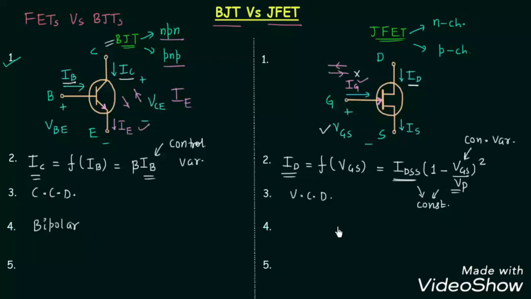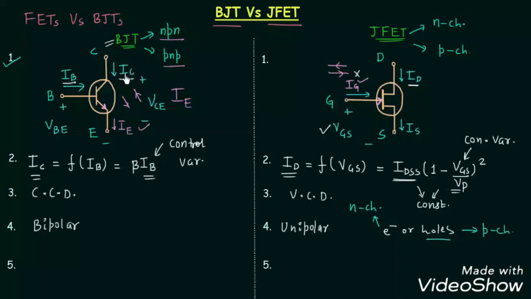In case of JFET, only one type of charge carrier is involved, either electrons or holes, so we will call JFET a unipolar device. When electrons are the only charge carriers, we call it N-channel JFET, and when the charge carriers are holes, we call it P-channel JFET.